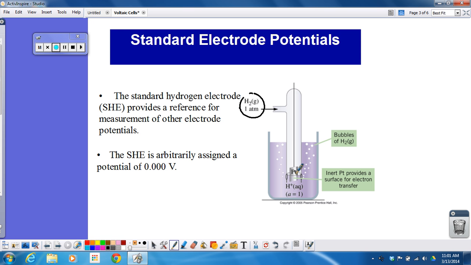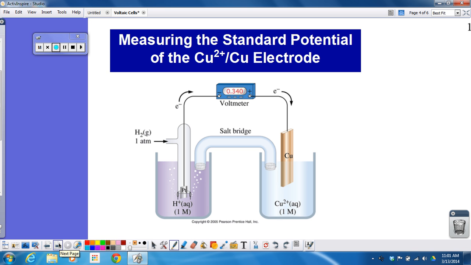So, for example, if we want to know the voltage for the copper half reaction, we hook up a voltaic cell, and we have copper being reduced. And in this case, the hydrogen is being oxidized to H+, but we call that 0.